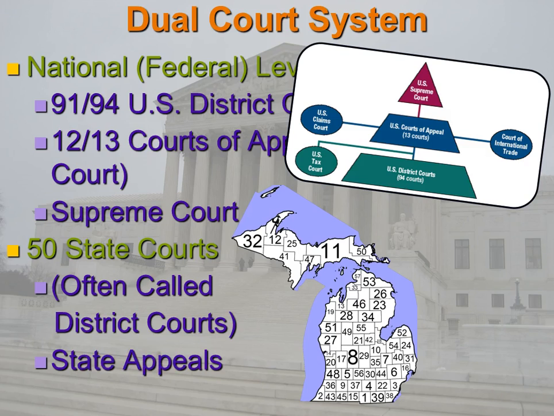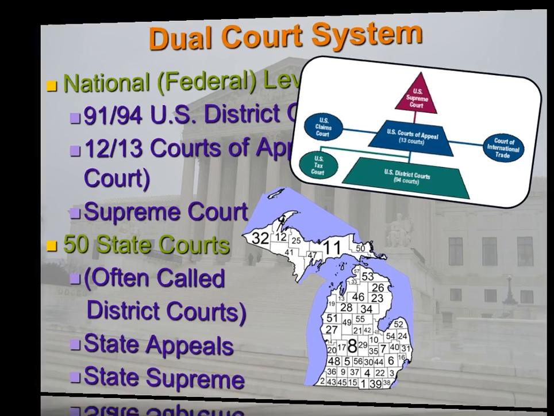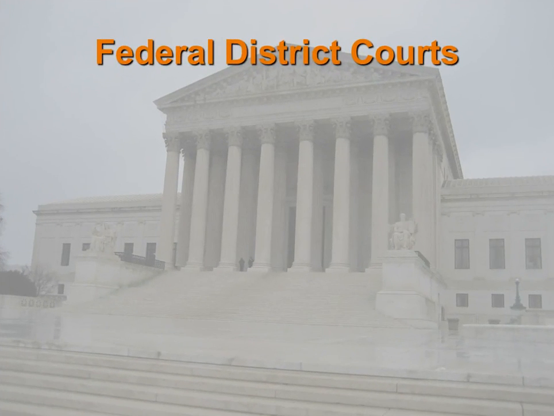Within that system, we've also got state appeals courts, and we've also got a state Supreme Court. Just like the national court system has different levels, the state court system has different levels as well.